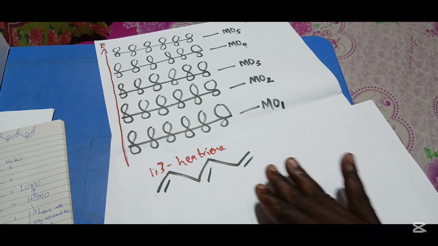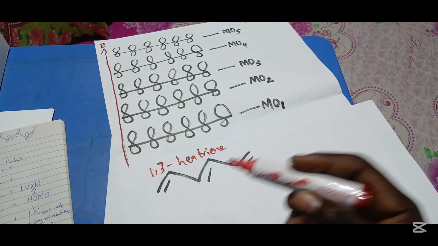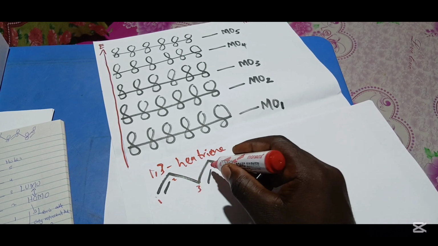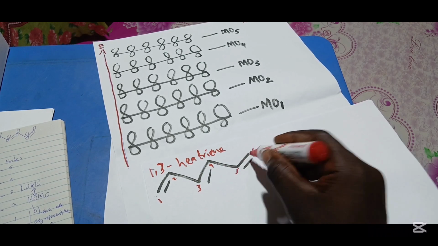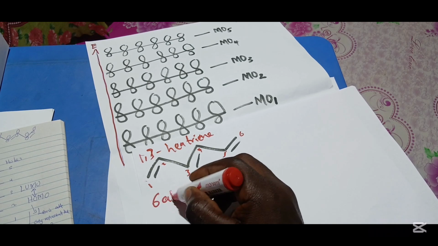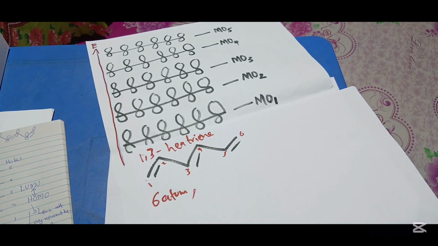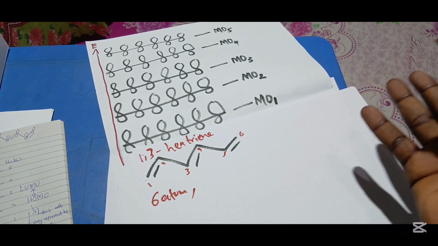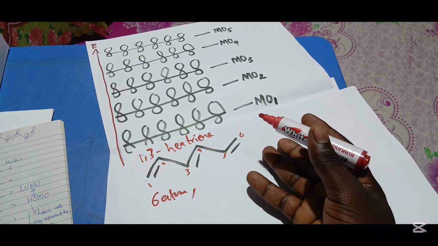So let's analyze our molecule. We see our molecule. Let's start naming the carbons in it, like I said earlier: 1, 2, 3, 4, 5, 6. We have 6 carbons, right? That means we have 6 atoms. How many electrons do we have, and how many molecular orbitals are going to be possible? We have 6 atoms.